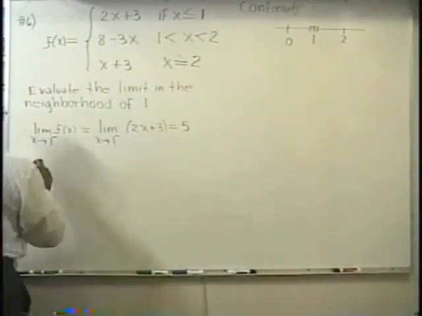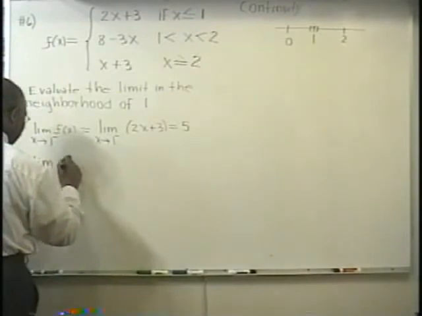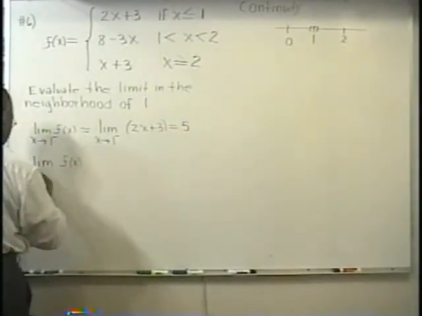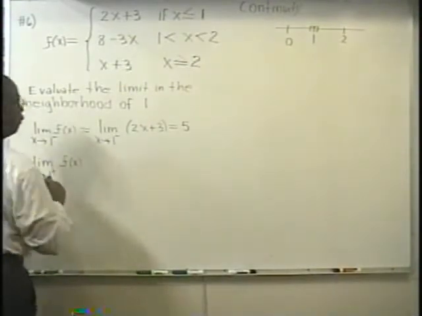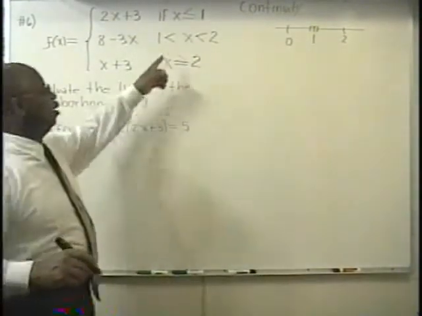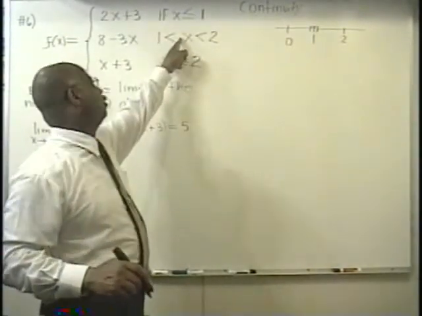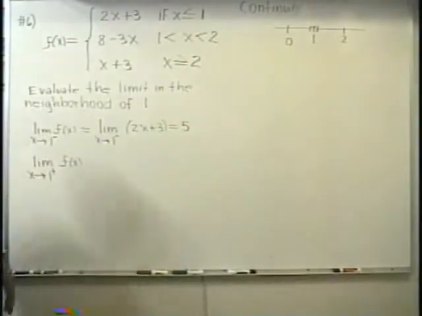Okay, now let's take a look at the limit of f of x as x approaches 1 from the right. Well, now if we use this inequality, we're going to approach 1 from this side. This means we have to use this expression.